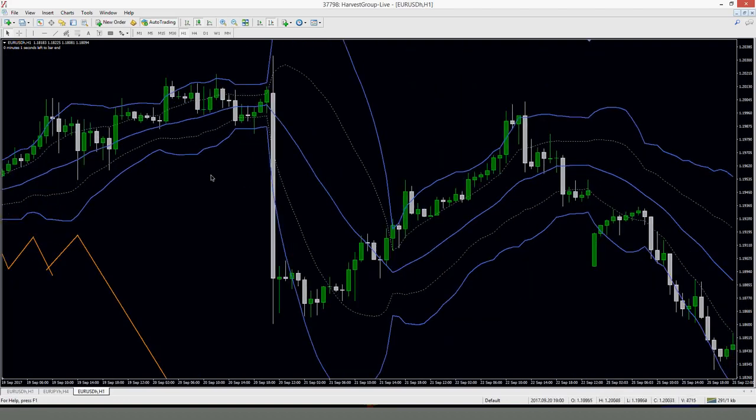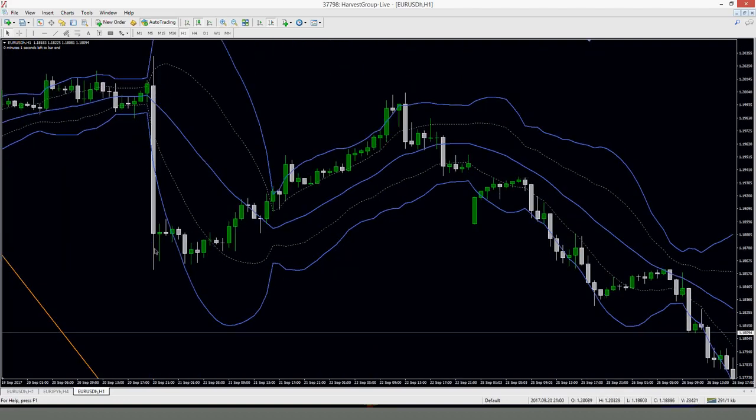However, when there's a momentum like this, as soon as you see the price going sideways, you know the price is going to go sideways because this is an extreme, because the candle closes too far away from the Bollinger Band. So the sideways Bollinger Band has already started over here.